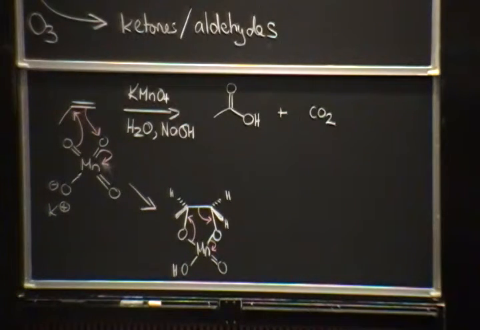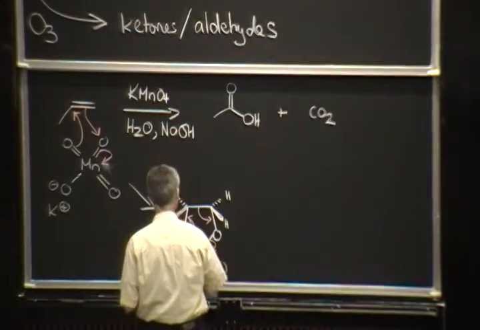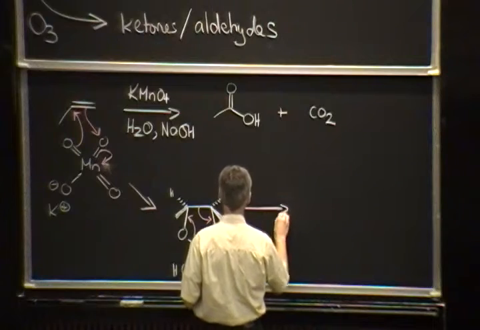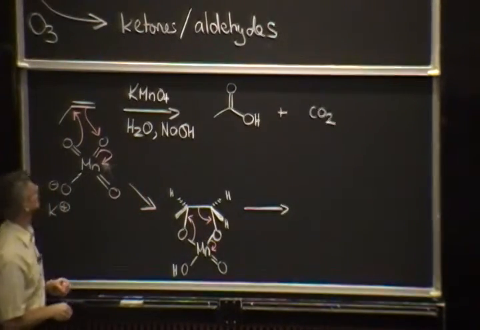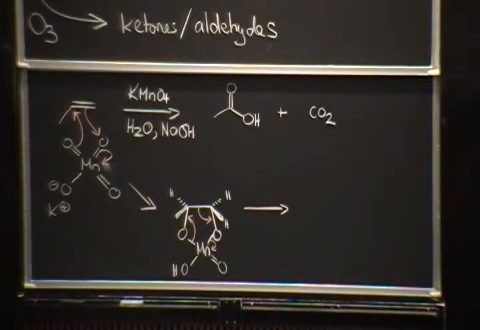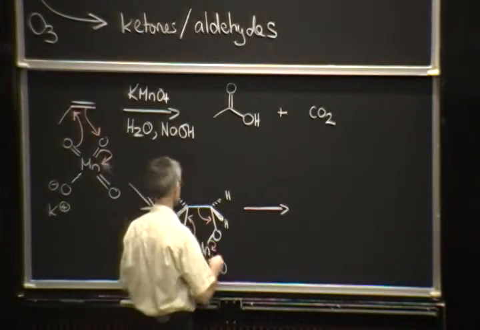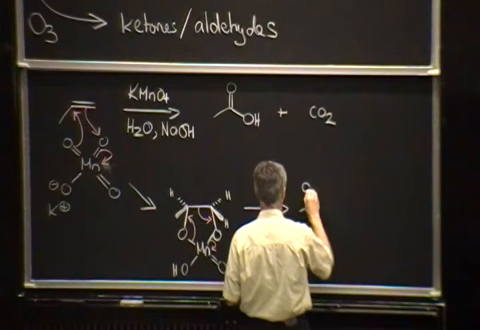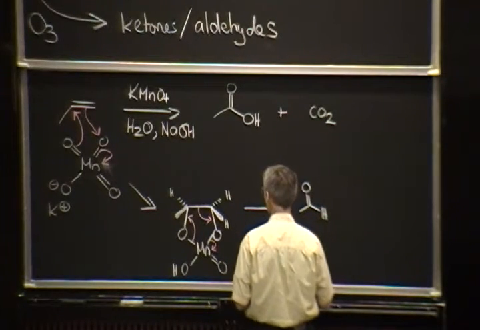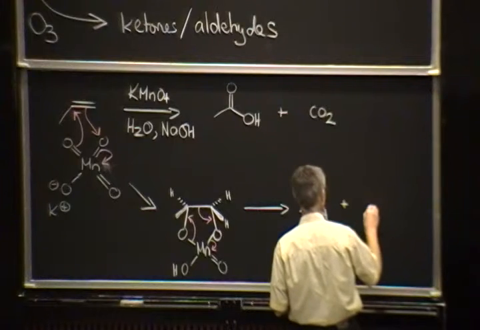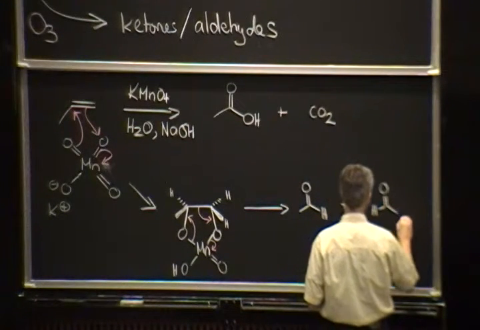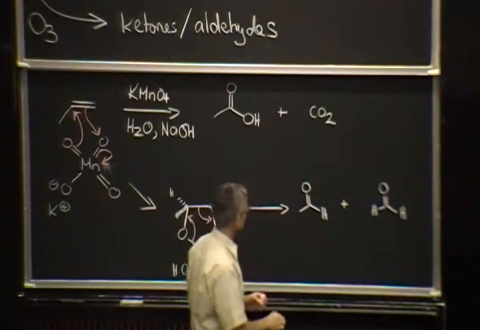You can see this flow to the manganese happens again here, and as a result, we have now broken the bond between the original alkene sp2 hybridized carbons. That gives us two molecules, both of them at this stage, two aldehydes, formaldehyde and acetaldehyde.